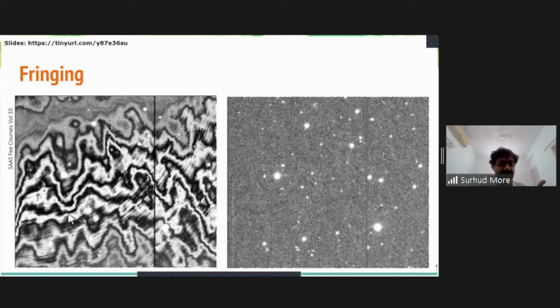So when it reflects back from there, then it can interfere with the light coming from the front. Right? And so that results in this kind of interference fringes that you see. And so these are also things that you need to just take out, right, and remove.